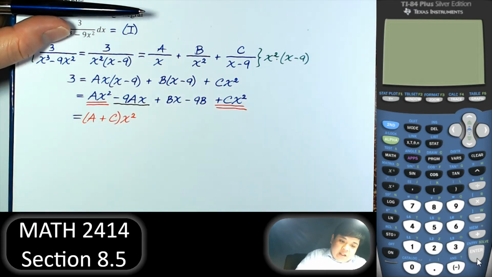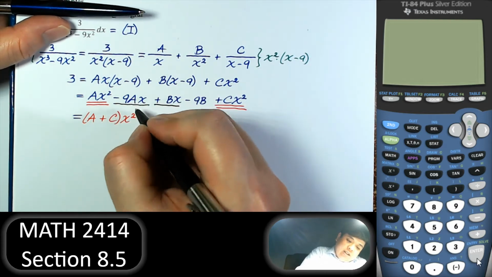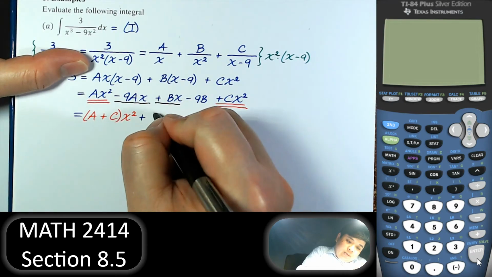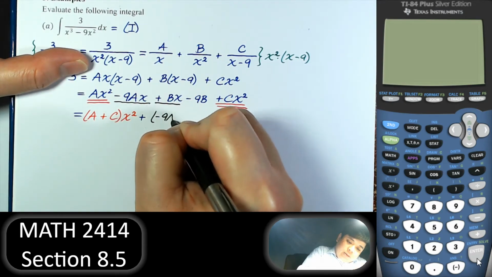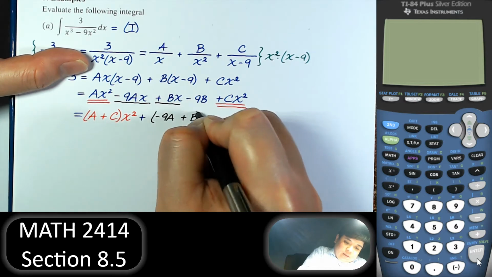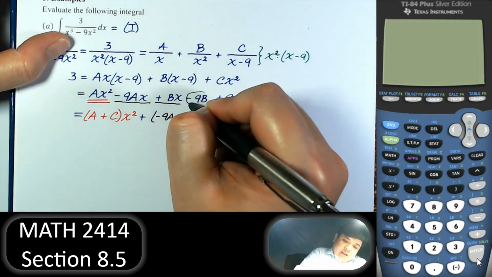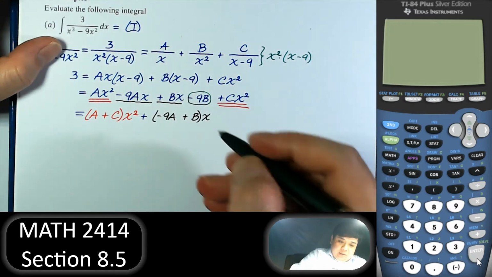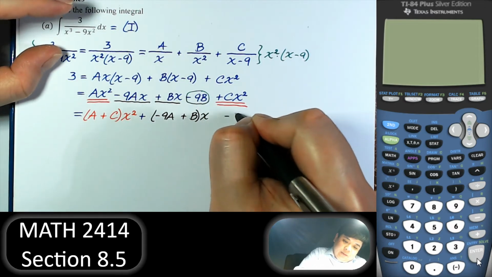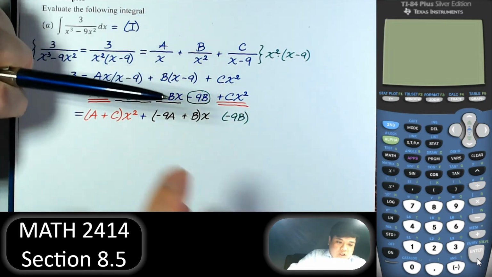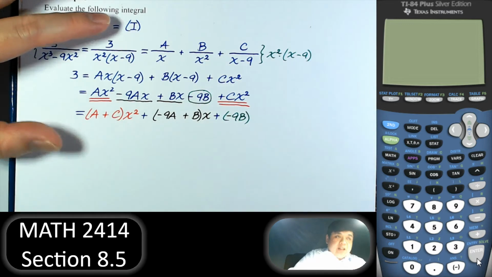There's 9ax. There's bx. And then the constant. Always write a plus like this.